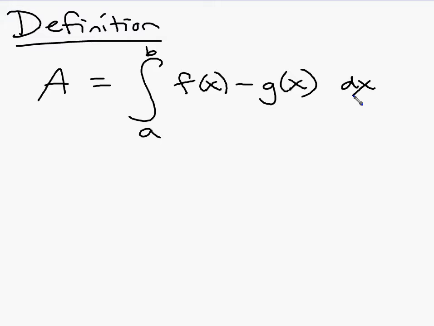Do you think that's important? Sure is. We need to know which one is the bottom one and which one is the top one. So we might want to make a notation here. G is the bottom, F is the top. Okay, so let's get to some examples.